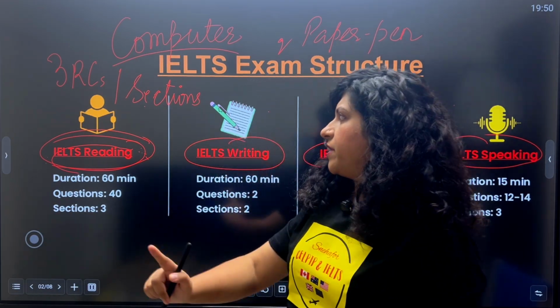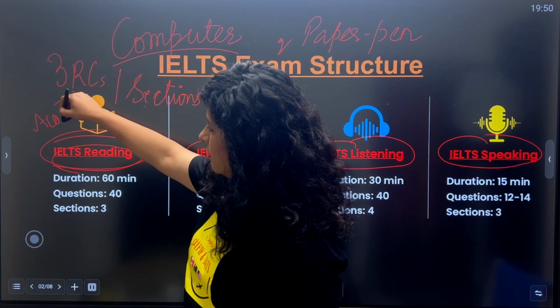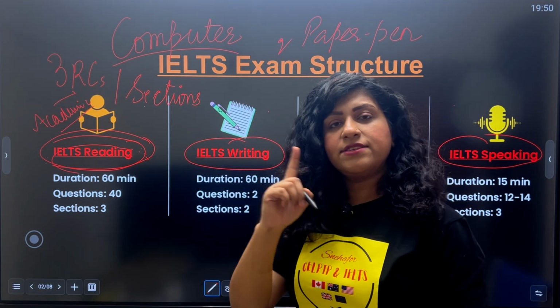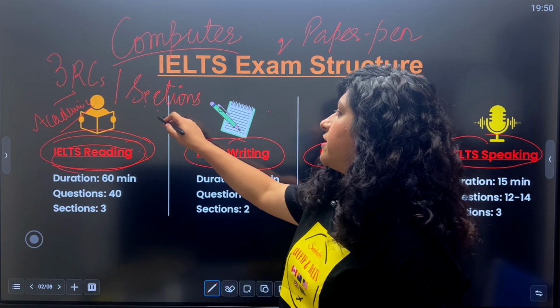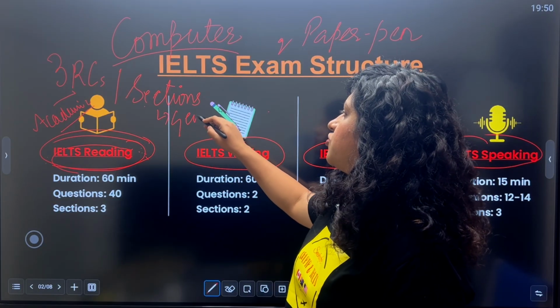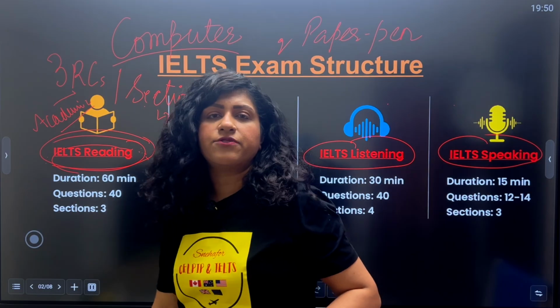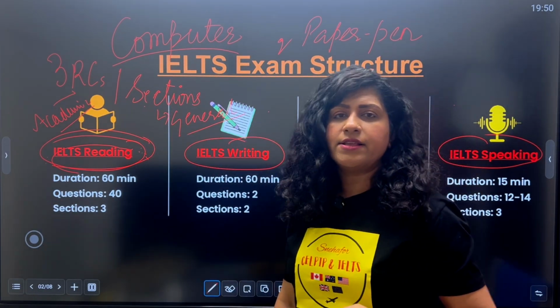Now, 3 reading comprehensions will be there in academic IELTS, and 3 sections in which there will be 5 reading comprehensions will be there in general IELTS. So there are 2 types of IELTS as well. Number 1 is academic IELTS, number 2 is general IELTS.